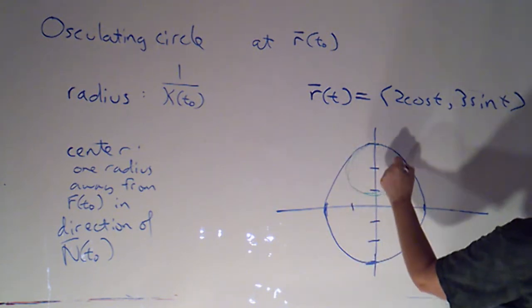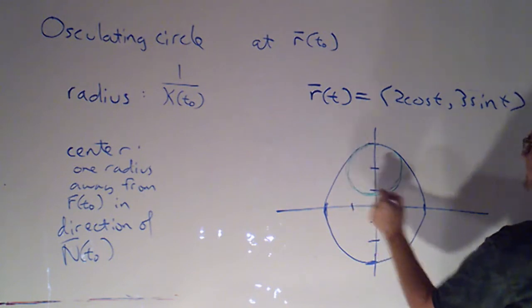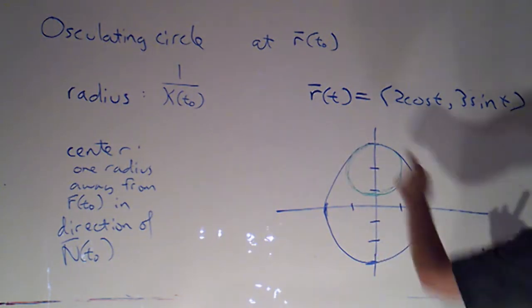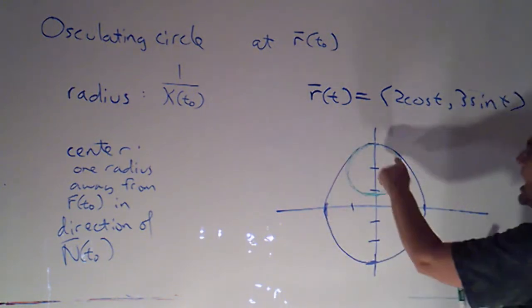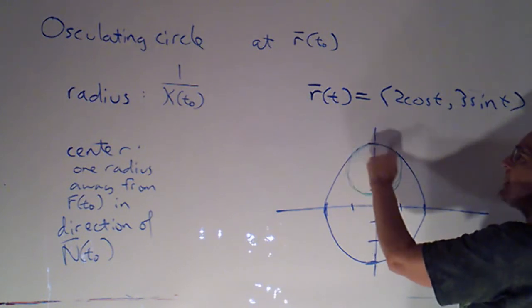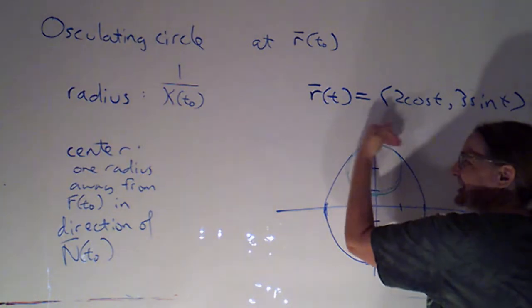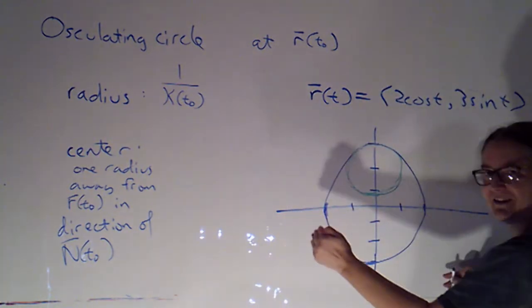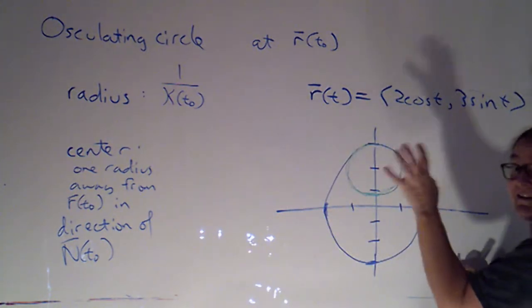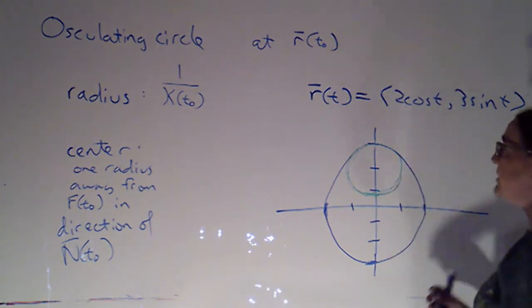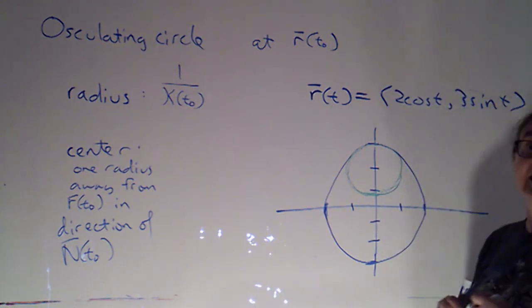I don't think this is perfect, because I don't think my ellipse was perfect. But I've tried to match it up so that the circle almost completely agrees with the ellipse for as long as possible. It doesn't actually completely agree, but it's close enough that you can't really tell with the naked eye.